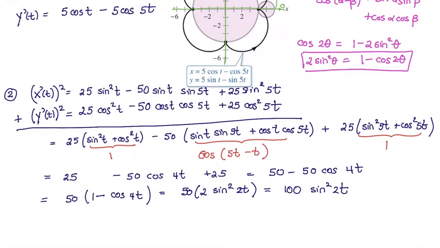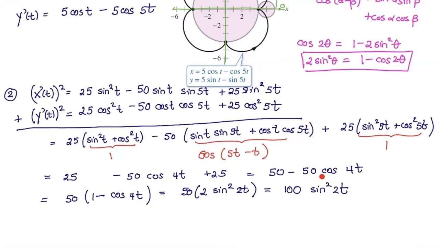If you need to, this would be a good place to pause the video to make sure that you understand all of the calculations that took place. There were several that were of significance to us. After we squared our x and our y terms and added them, we used the Pythagorean identity in 2 locations. But then we also had to use the difference formula for cosine in this location right here.